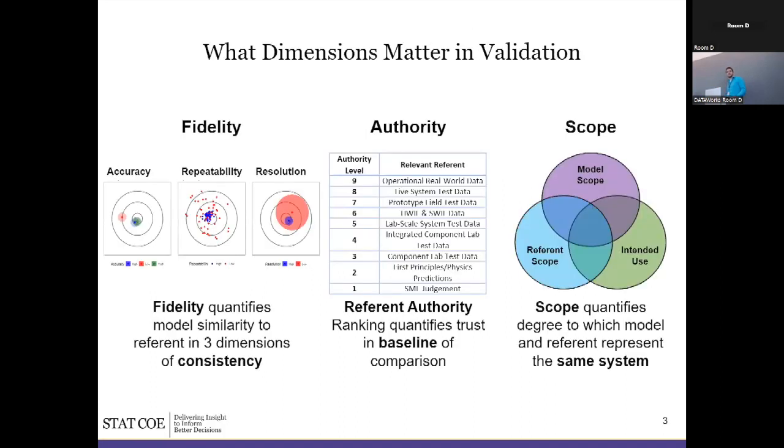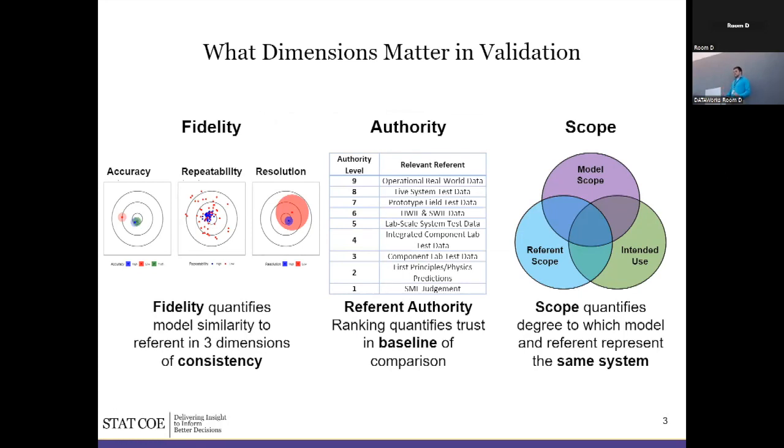Okay, so what matters for validation? Well, first off, fidelity, of course. I want to distinguish what we're talking about with fidelity, because especially in engineering, we might be used to thinking of fidelity as similar to complexity, whereas you might have a physics model that has fewer parameters in it and you think it's lower fidelity.